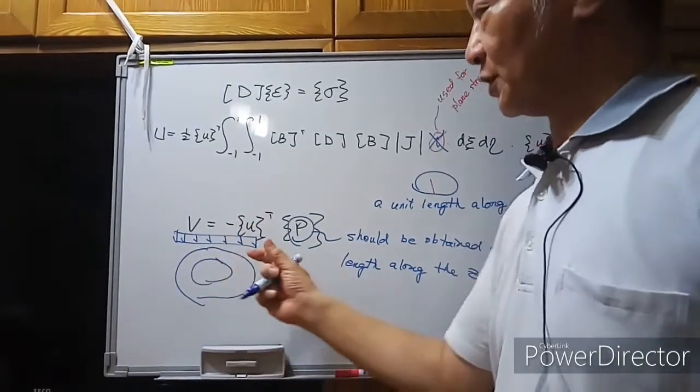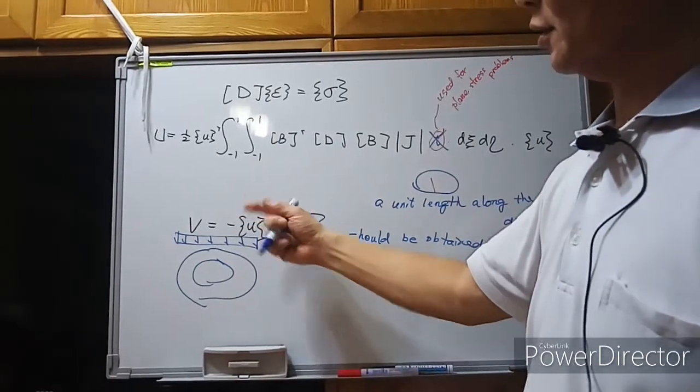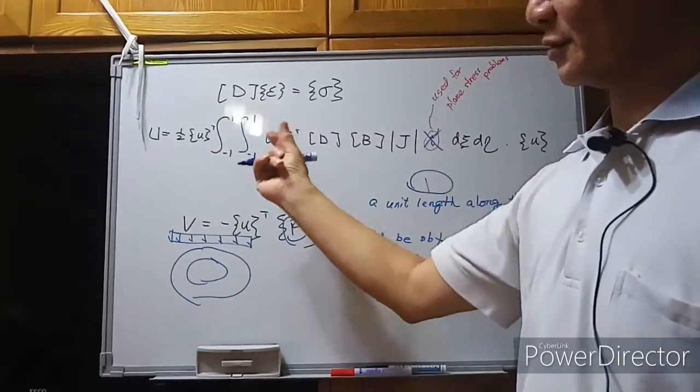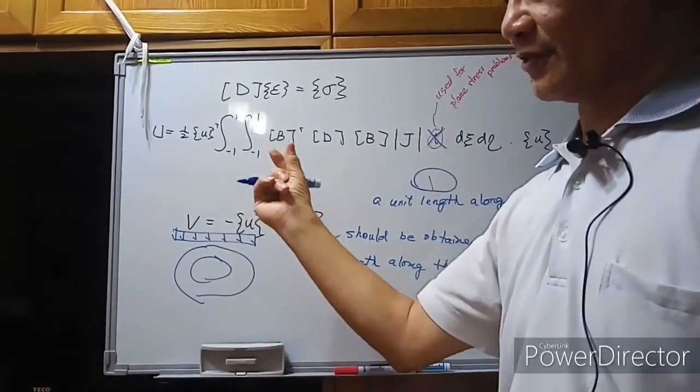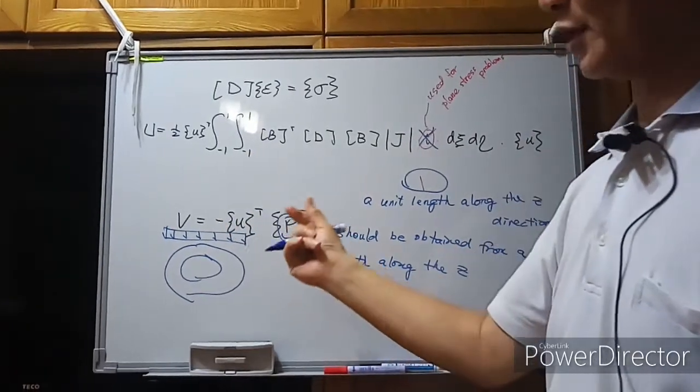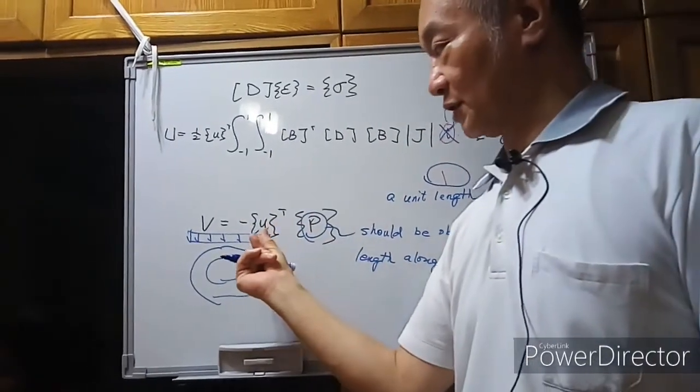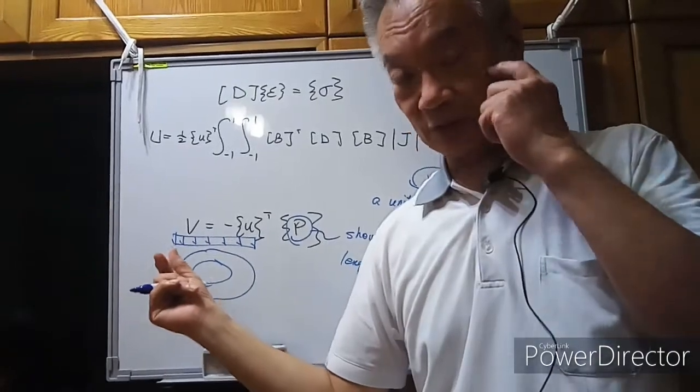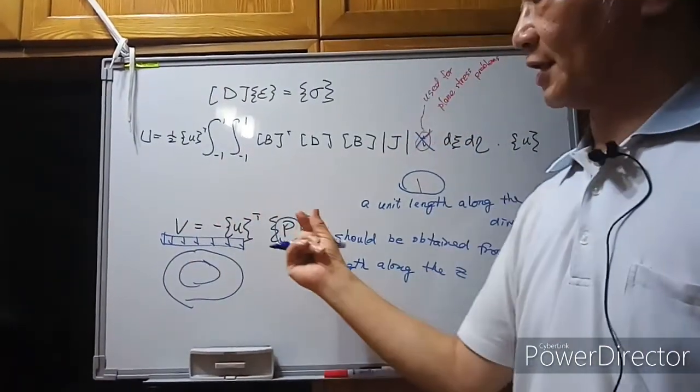Okay, so if the u is considered for unit thickness along the z direction, when you consider the applied loadings, they will also be a unit length.